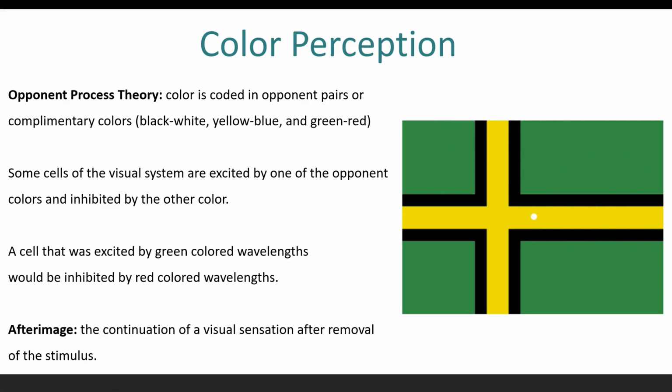And this produces an after image. So the after image, you would see the red, the white, and the blue colors, as opposed to the initial colors that you see here.